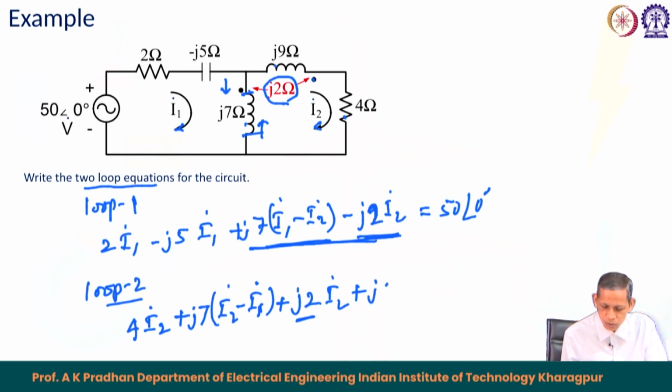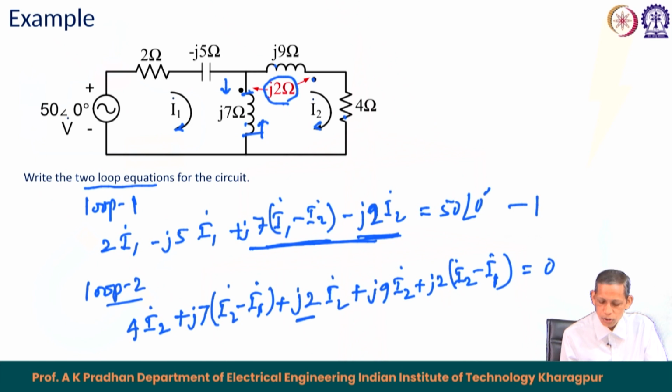That becomes J 9 into I 2, and it has coupling with the J 7 ohm. I 2 is leaving and I 2 minus I 1 is also leaving the dotted terminal, so this becomes plus J 2 into I 2 minus I 1. This I 2 minus I 1 is the current flowing in the 7 ohm reactor in the upward direction, and that equals 0 in this case.